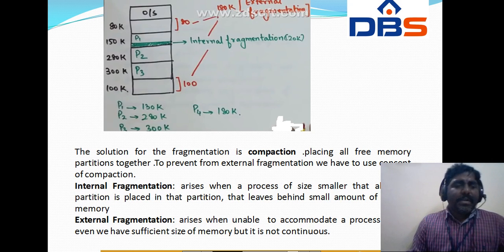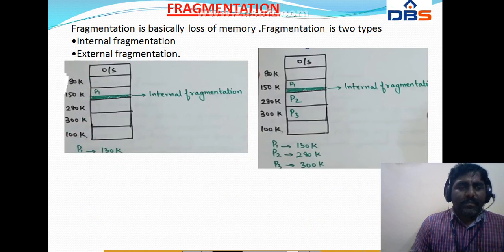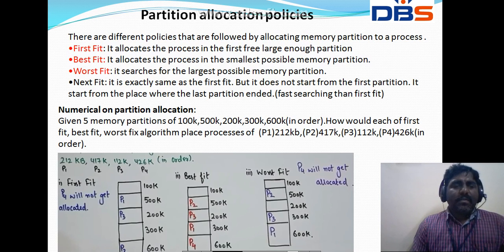External fragmentation means we have process P4, and P1, P2, P3 are already stored in different partition locations. Here P4 we can't store, because the free 80 and 100 are not continuous. That is external fragmentation.